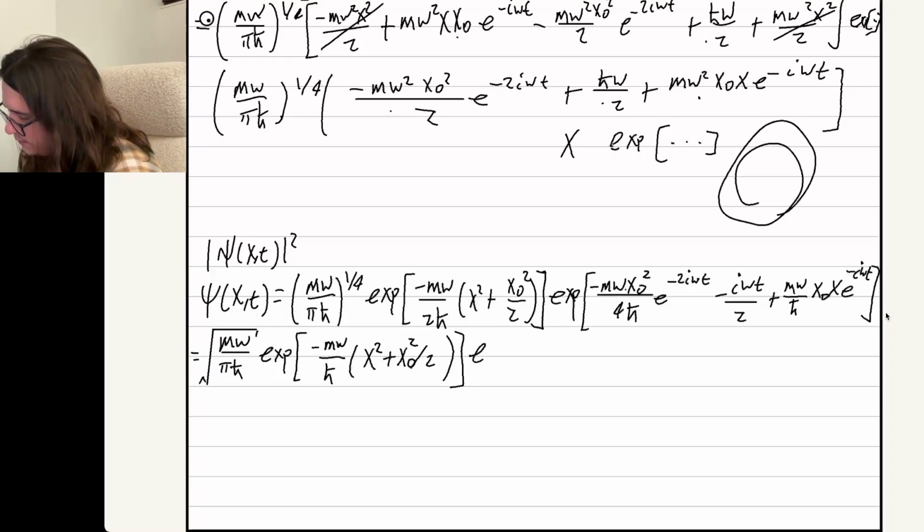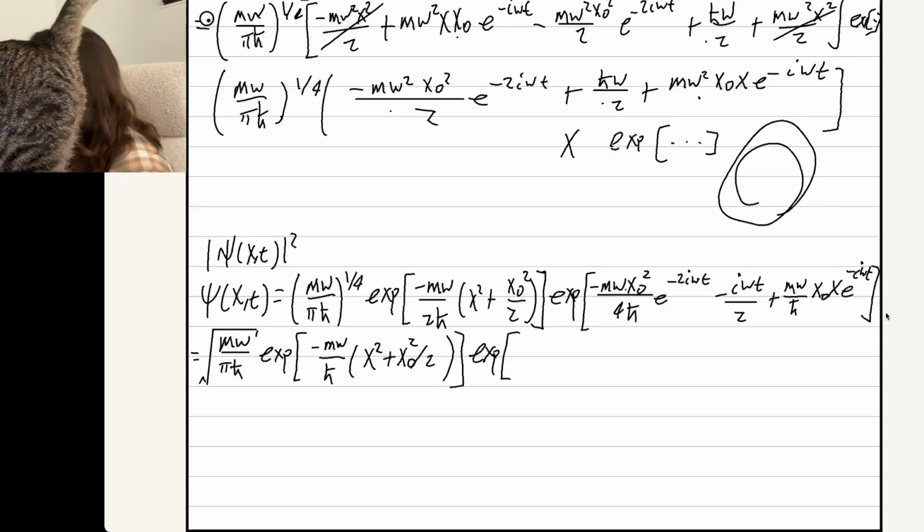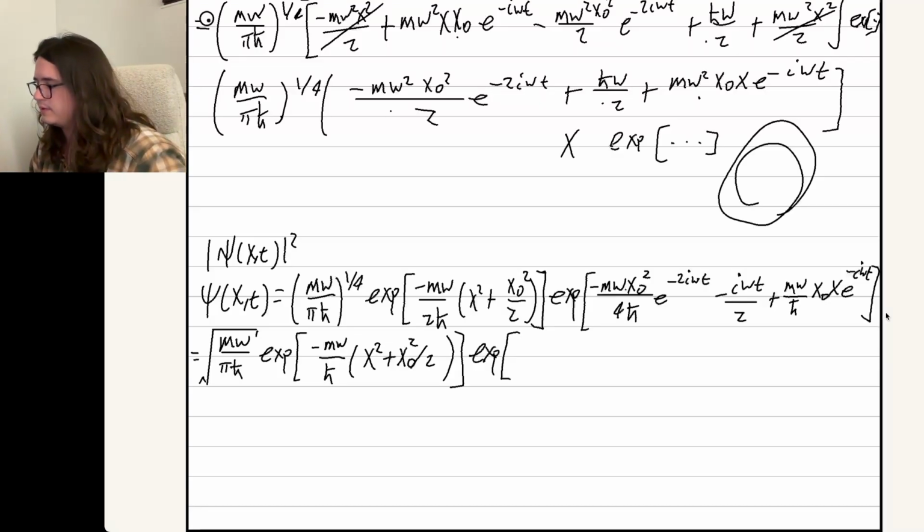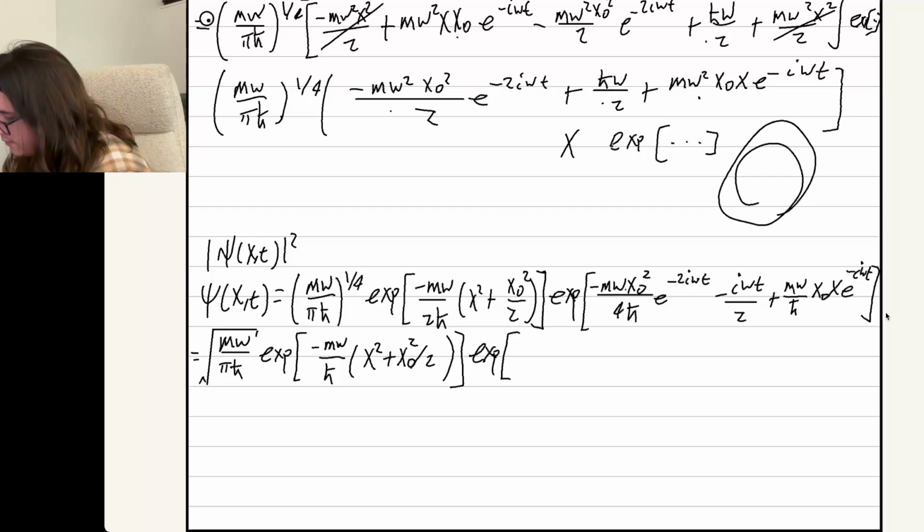And now this exponent has a bunch of crazy terms. So minus m omega x naught squared over 4 h bar, right? But then you have e to the minus 2i omega t plus e to the positive 2i omega t, because we're taking the square modulus.